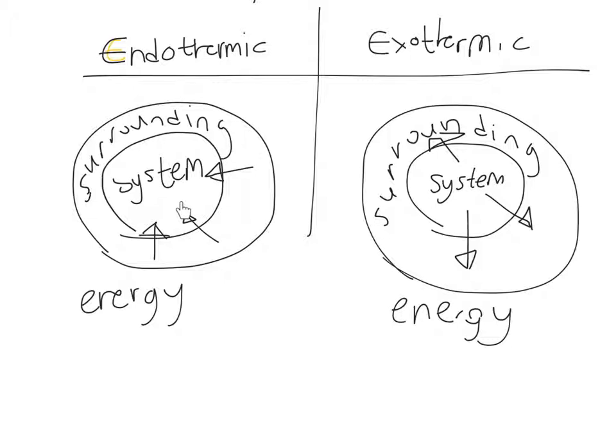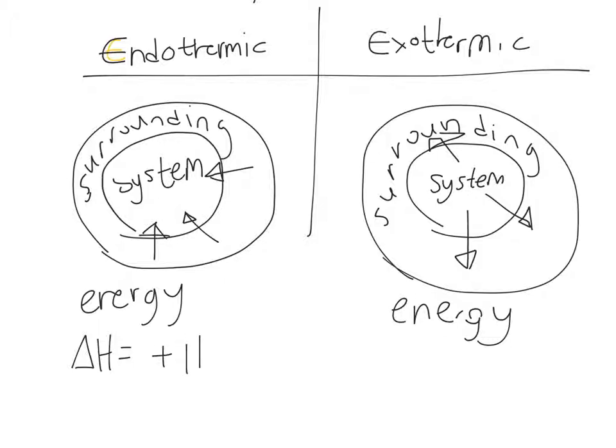And there's going to be a loss of energy from the surroundings, and that's going to make our surroundings feel cooler or cold. In endothermic reactions, the energy you'll see is in the form of heat, and that enters the system. So that's going to be on the reactant side of your equation, and you'll end up with a positive change in enthalpy.